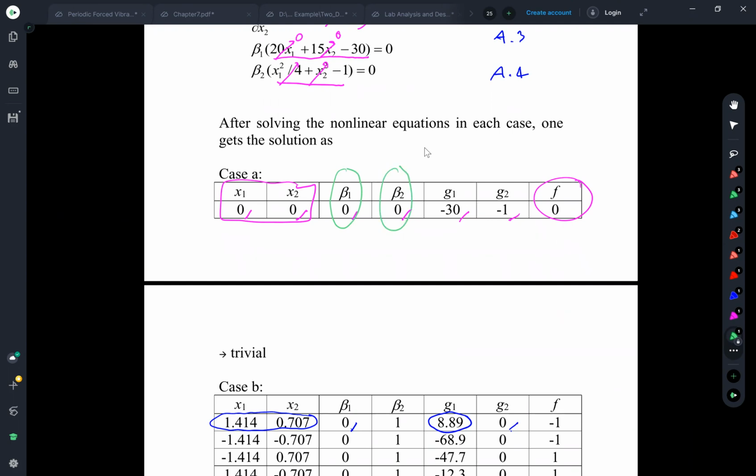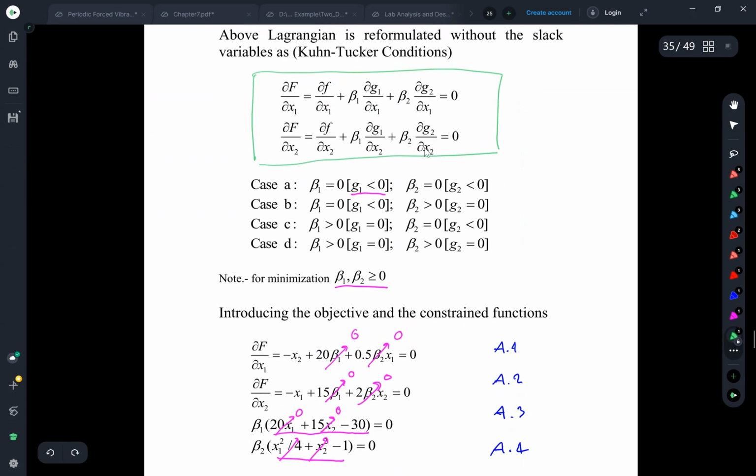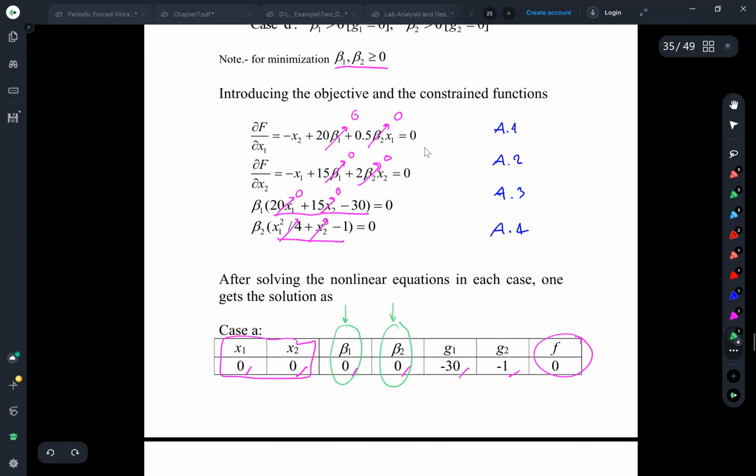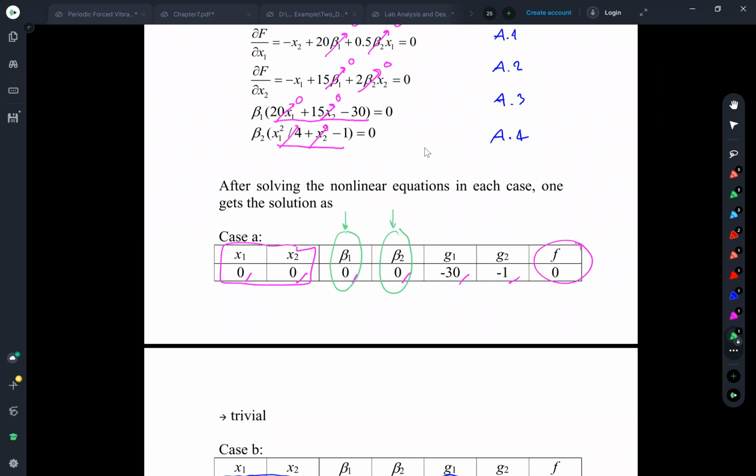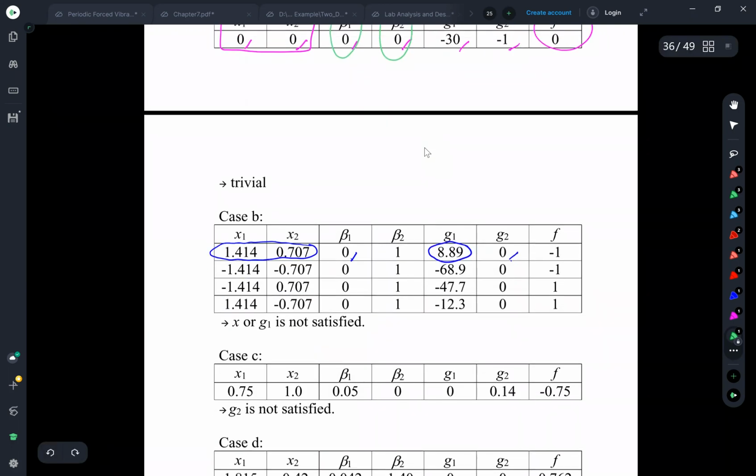This is case A. Since we introduce this into the necessary conditions, what we have is x1 and x2 as the result. We have g1, g2, and f, where we evaluate the area, and we found the area is zero. F is zero in the last column, as you can see. So this is the trivial case. We conclude like that.